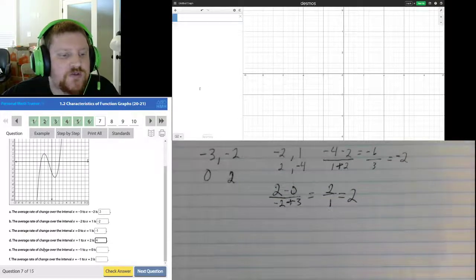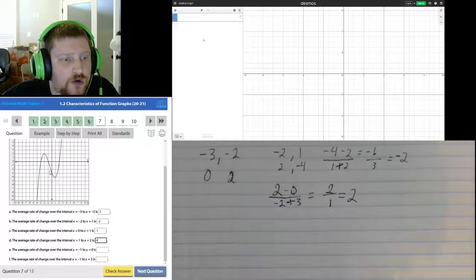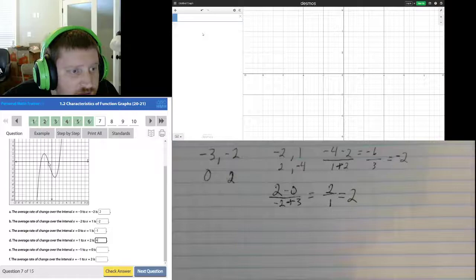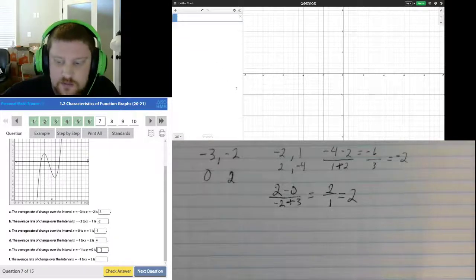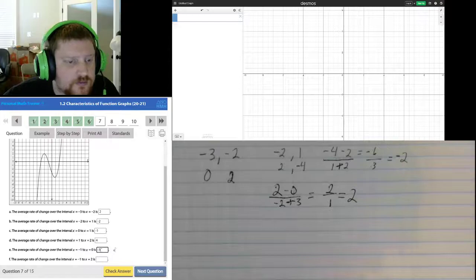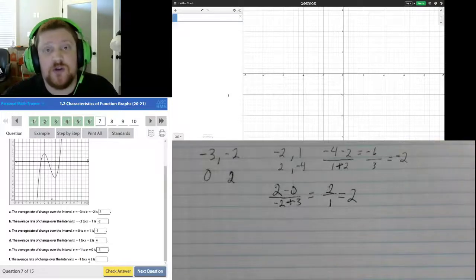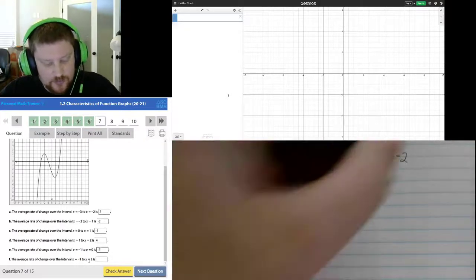So the average rate of change over the interval -1 to 0. Again, we're only moving 1, so -1 is 0. 0 appears to be -3, so we're going down 3 over 1. Average rate of change over the interval -1 to 2. This time we're actually moving quite a ways. We'll probably need to write this one down.